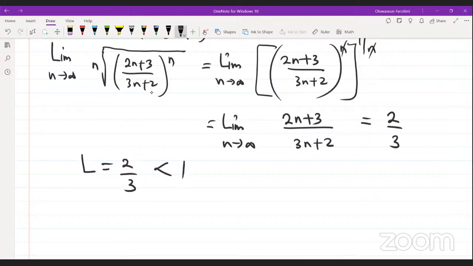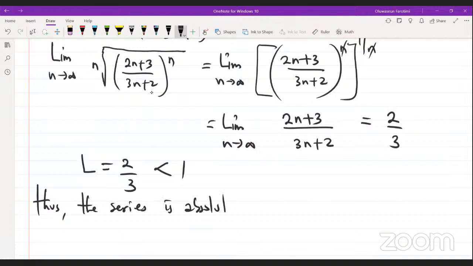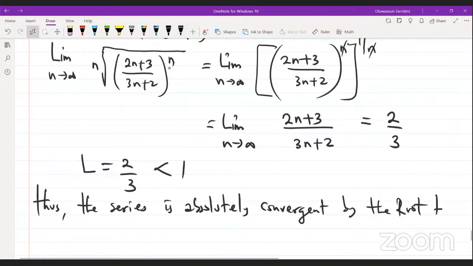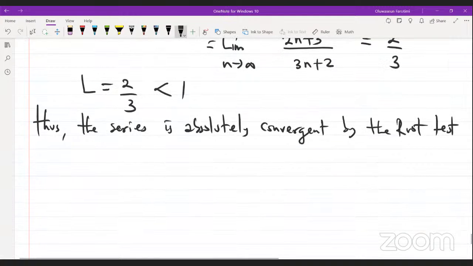So what's going to be our conclusion? Thus, the series is absolutely convergent by the root test. And so it converges. So it is convergent.